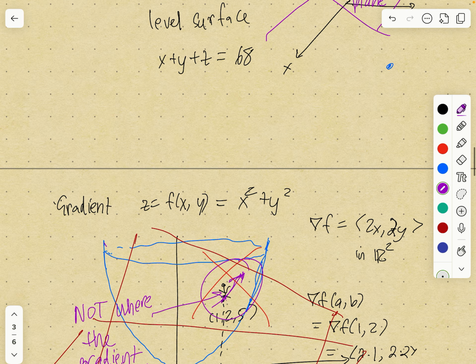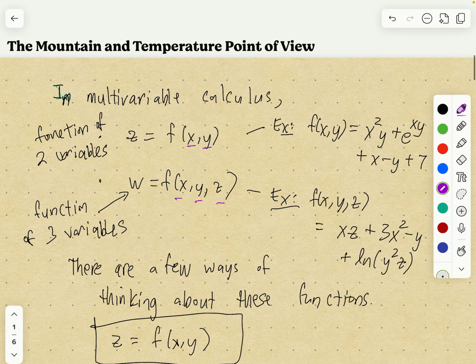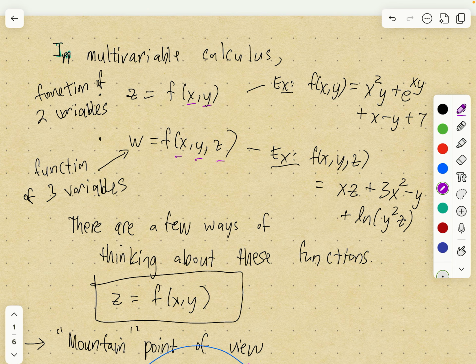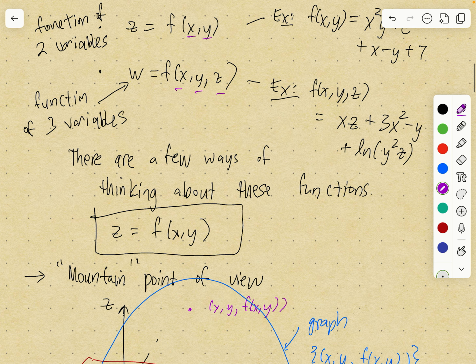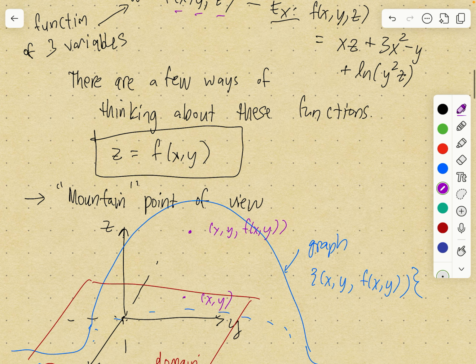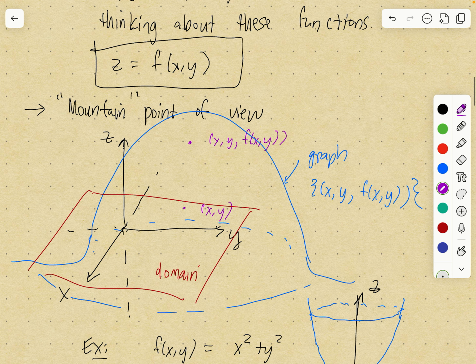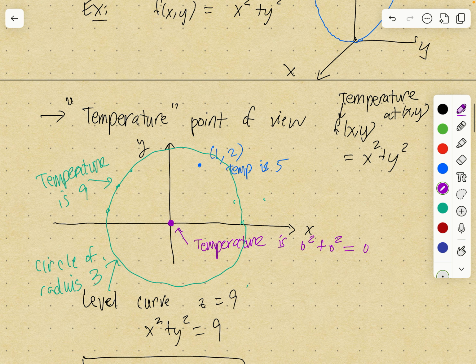Just to recap, functions of 2 independent variables are a different scenario than functions of 3 independent variables. Usually, for explaining multivariable calculus with functions of 2 variables, there's the mountain point of view, where you think about the graph of the function, and the temperature point of view.